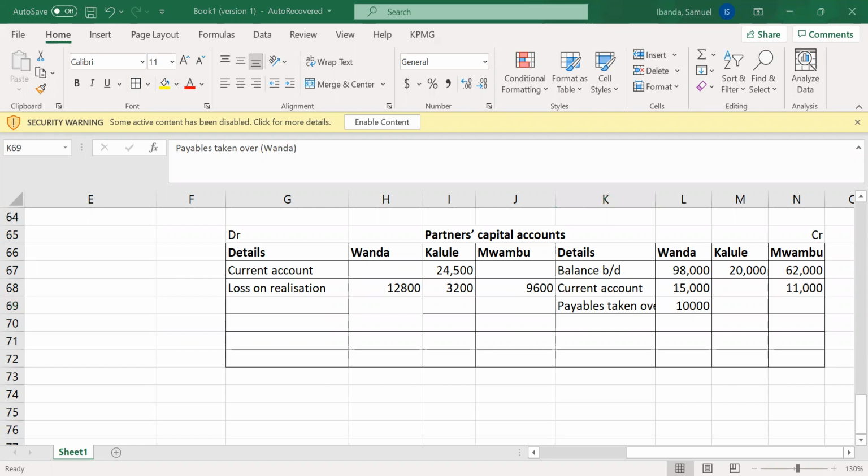Now, the other thing that we also need to look at is, we've taken into consideration the loss on realization. We have also transferred to our capital account. Now there's something that they speak about here.